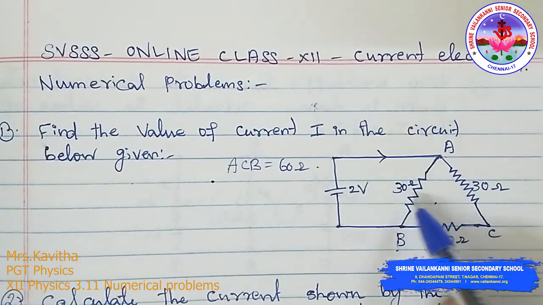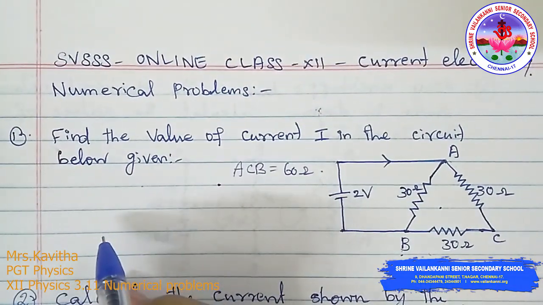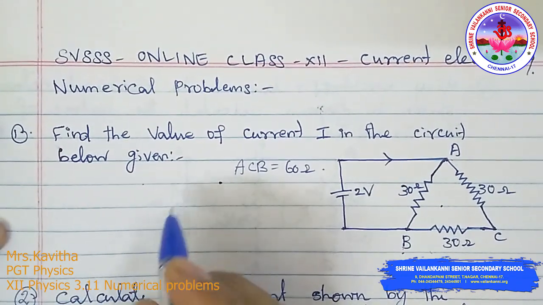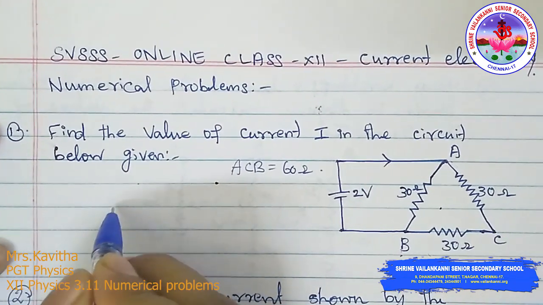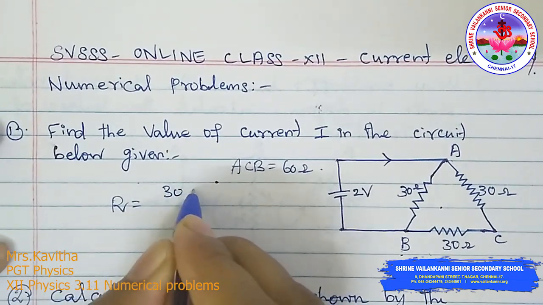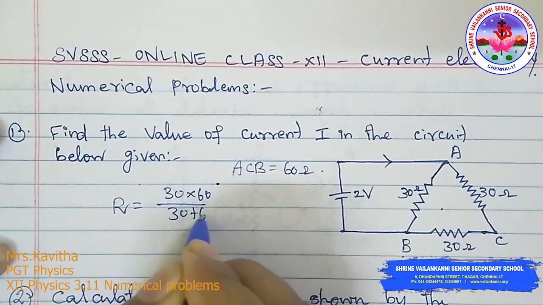Here 60. So we have to resolve this thing to get the parallel. We can solve this: R is equal to 30 into 60 by 60 plus 30.